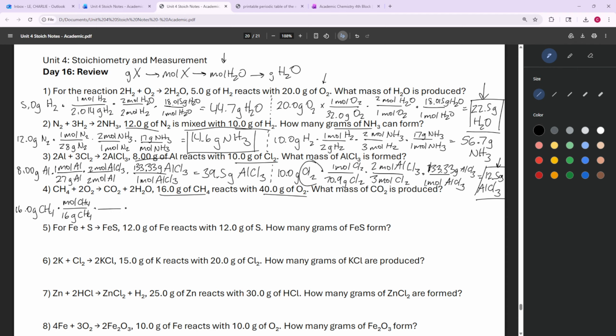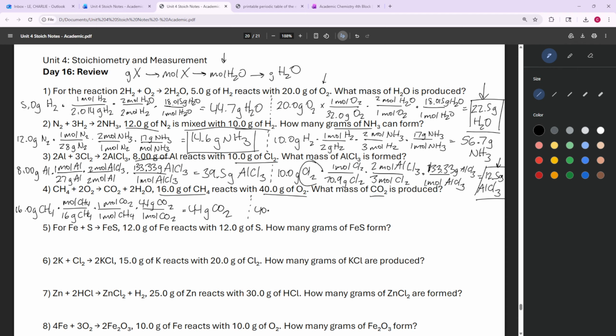It is a 1-to-1 ratio with CO2, 1 mole of methane for every CO2, times 1 mole of CO2 gets us 44 grams of CO2. So if we do 16 divided by 16 times 44, that should be the CO2 with 16 grams of methane.